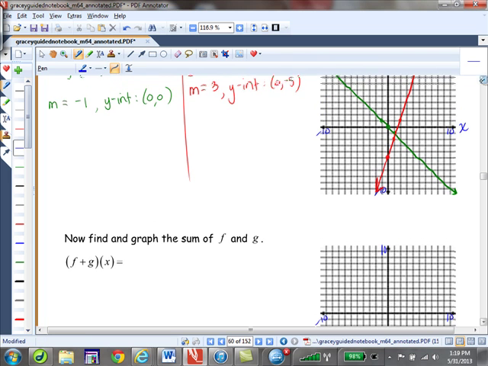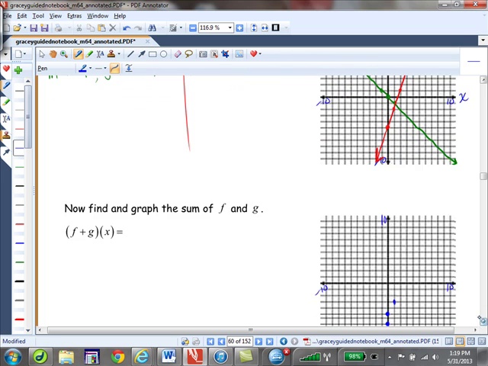And if you want to look at another one, again, it's the green graph plus the red graph. Let's see what we've got at 2. The green graph is at negative 2. The red graph is at positive 1. So negative 2 plus 1 is negative 1.